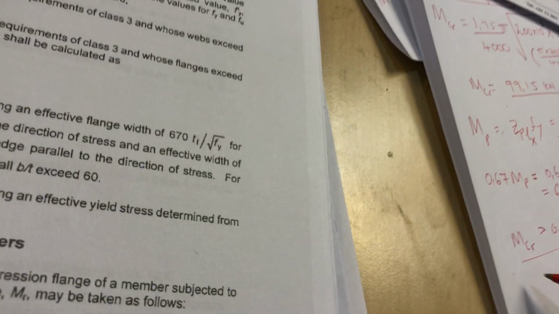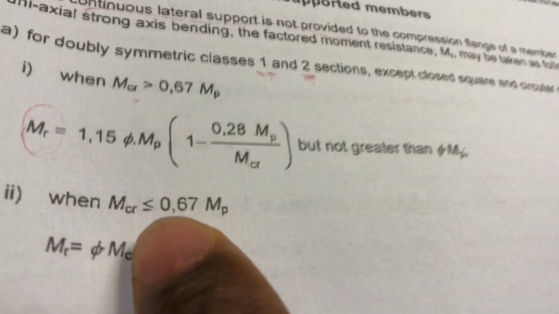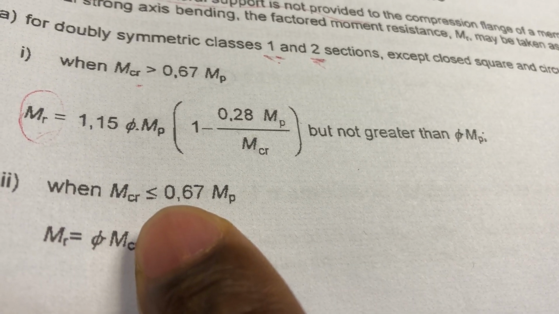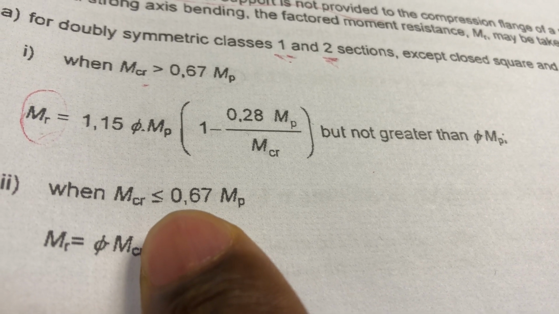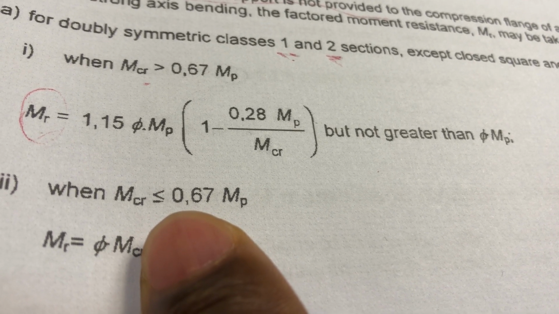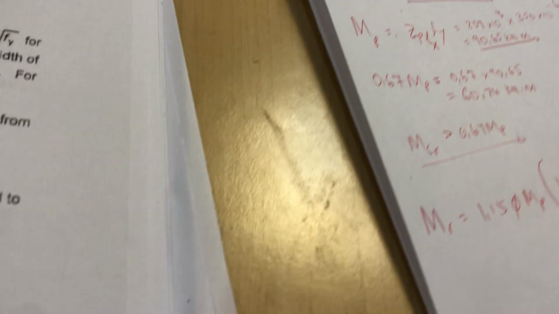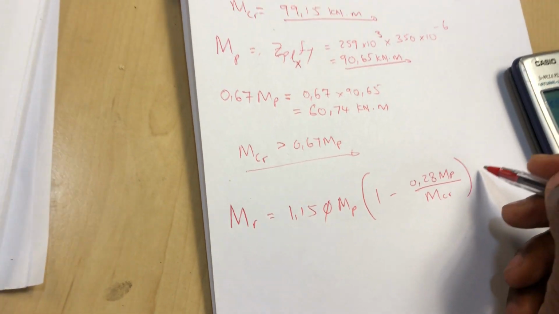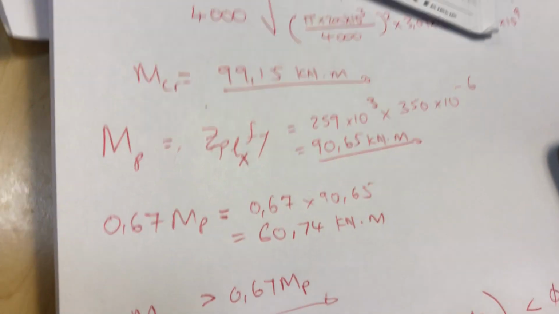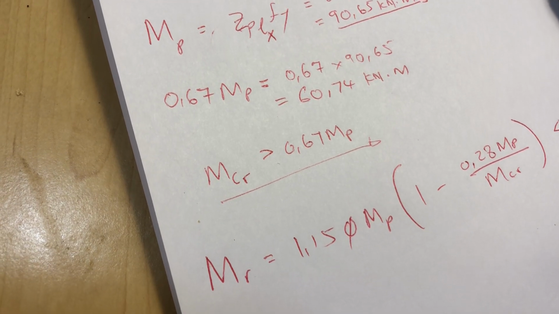So this equation says that the moment resistance equals 1.15 phi MP, open bracket 1 minus 0.28 MP over MCR. But this value must not be greater than phi MP. That's the condition on the code book. It says not greater than phi MP.